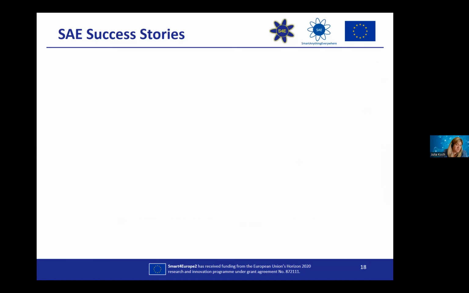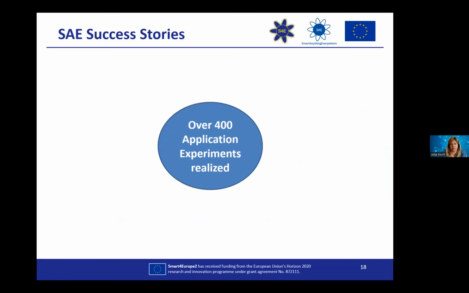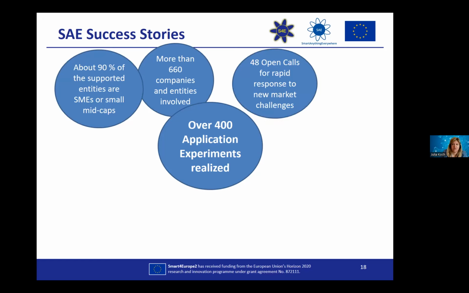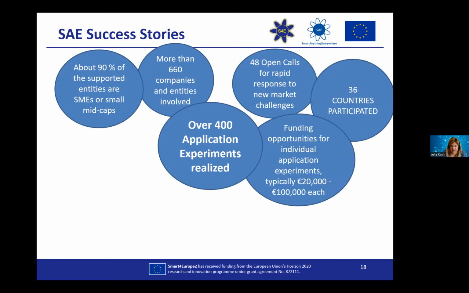So what was the outcome? More than 400 application experiments were realized and more than 660 companies and entities were involved, where 90% were SMEs or small mid-caps. 48 open calls for rapid response to new market challenges were conducted, and so far 36 countries participated.